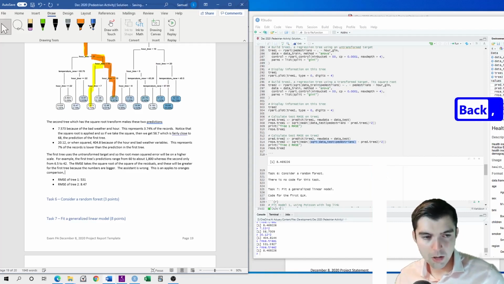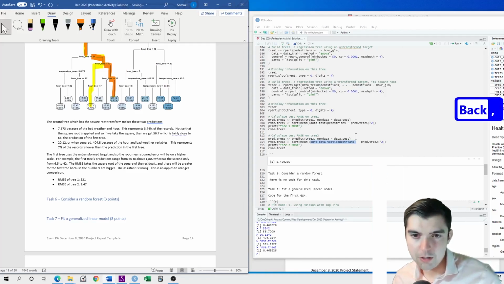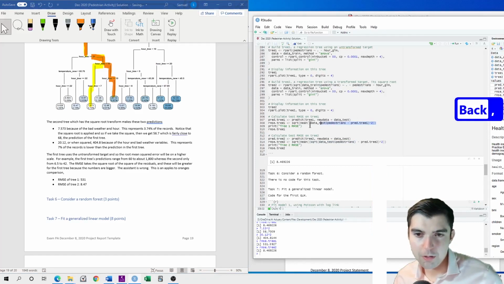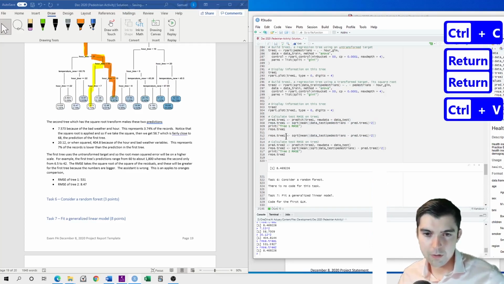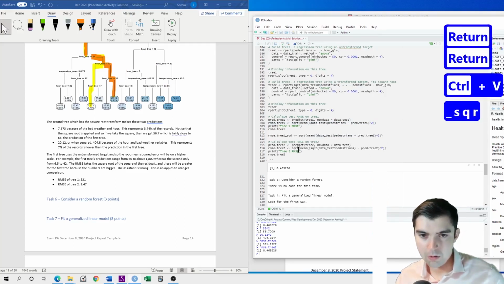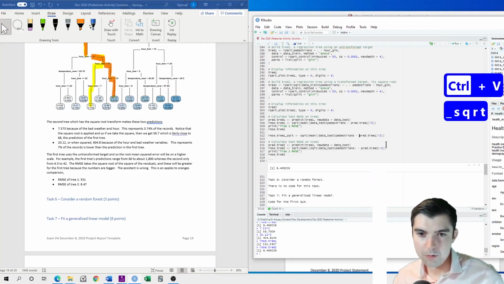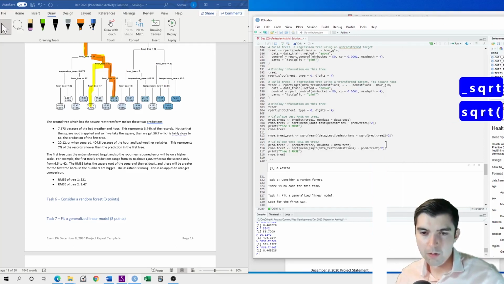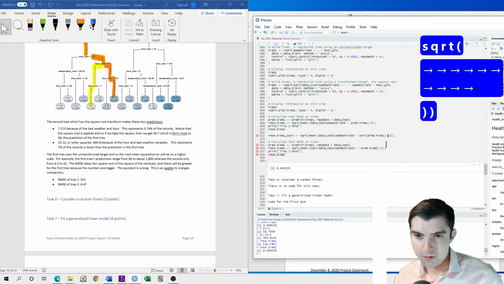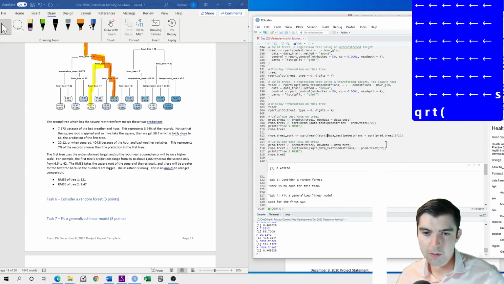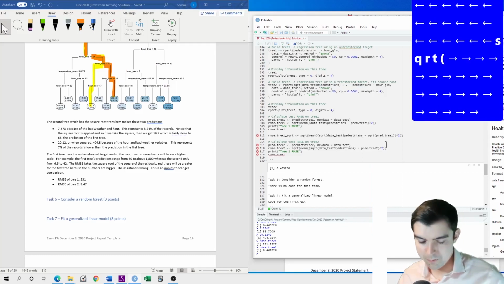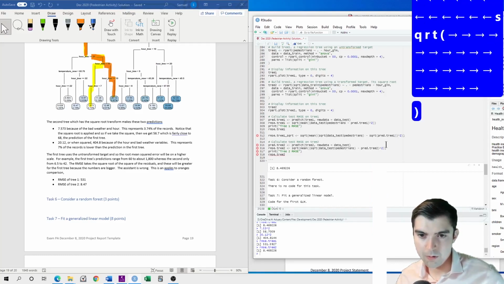However, oh no, what we could do is we could take tree 1 and take the square root of the predictions and the square root of this.